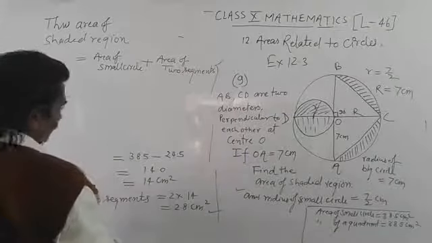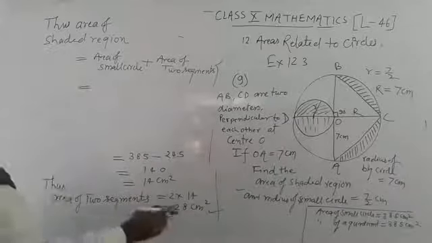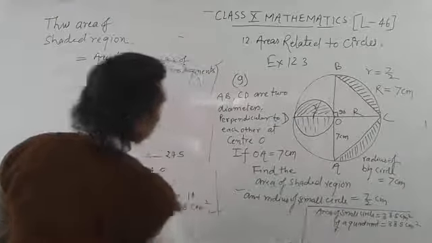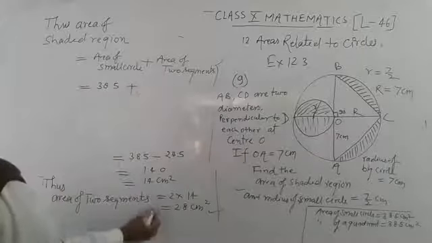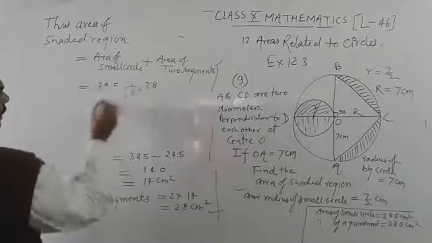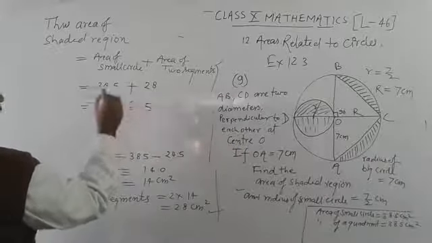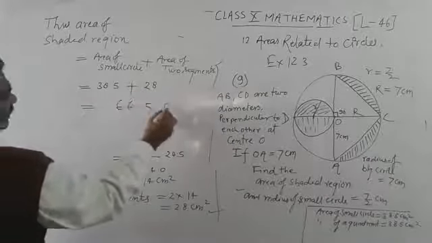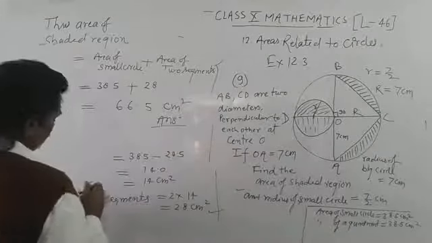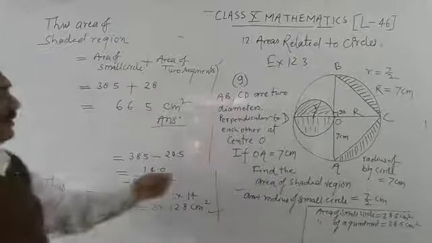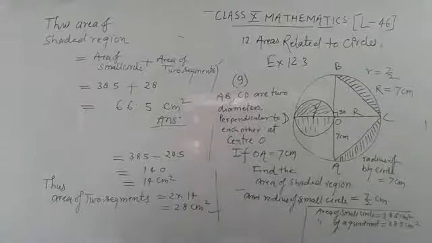Students, this is equal to the area of the small circle, 38.5, plus the area of two segments, 28. Add these, 66.5 centimeter square. I think students, this is your answer, the area of the shaded region from this diagram. So write it down, students.